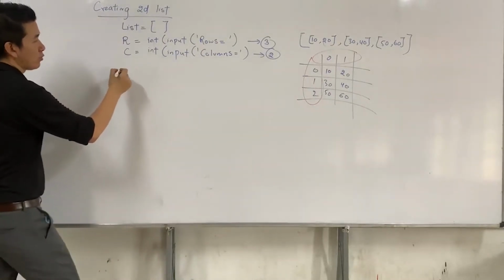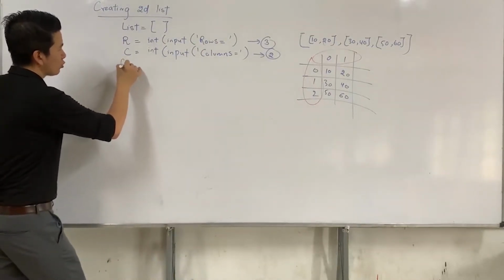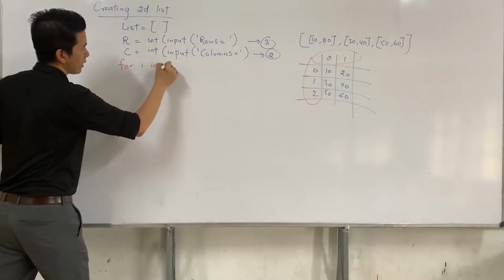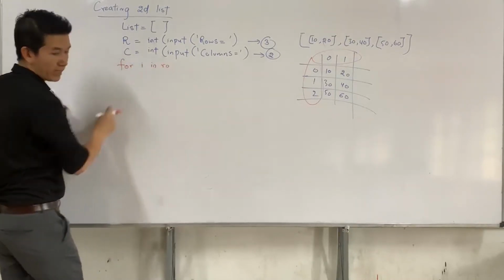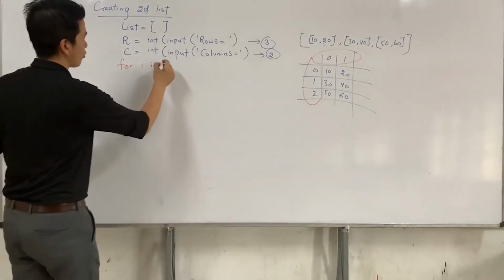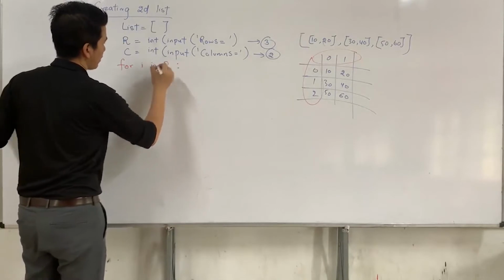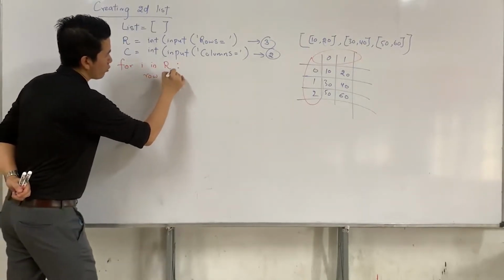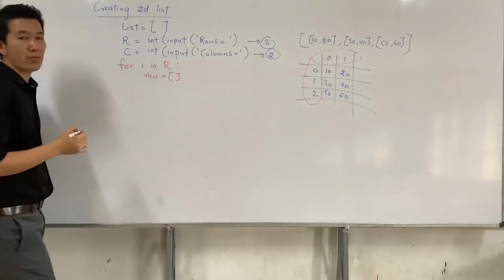Okay, so let's move further. I'll be needing to loop for I in, instead of range, I could straight away write R, and then I'll be needing this row equals an empty list by the name of row.